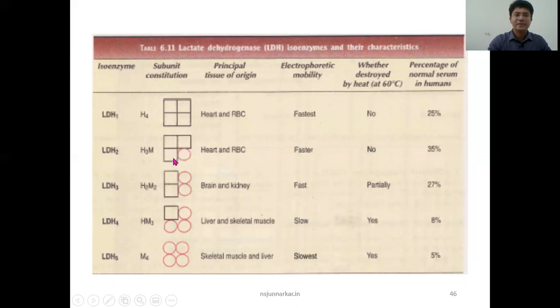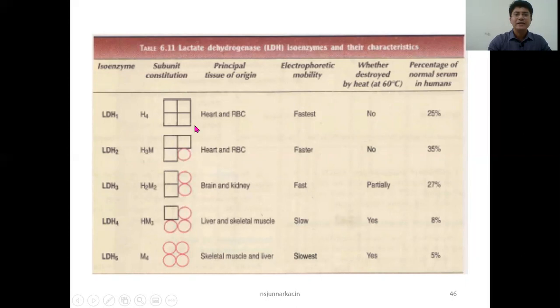So H3M is the configuration of LDH2, and so on. The circular ones are the M or muscle type of monomers, whereas H indicates the heart monomers. So H4 is the configuration of LDH1, and LDH5 has all the monomers of M type. So M4 is the configuration of LDH5.